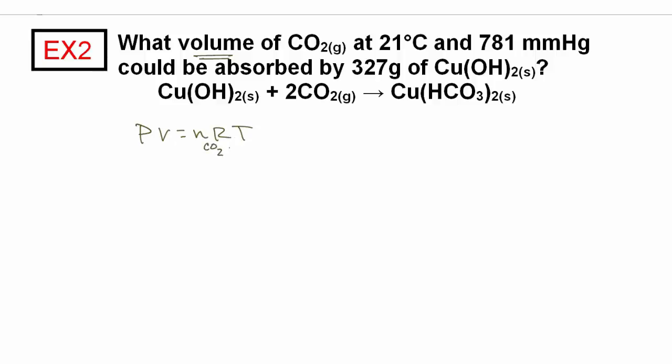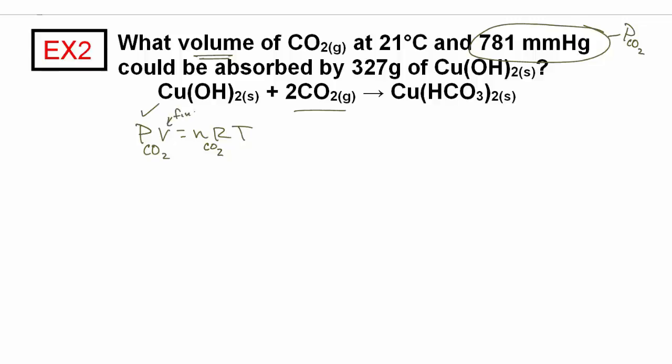But we need to plug in the number of moles of carbon dioxide and the pressure of carbon dioxide. Since carbon dioxide is the only gas, this pressure is the pressure that's solely due to carbon dioxide. So we know that. Volume we're going to try to find.